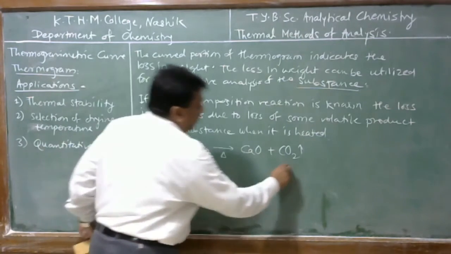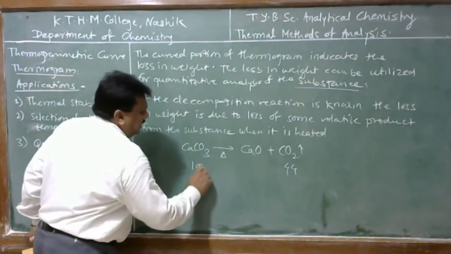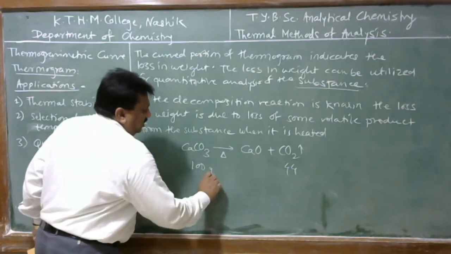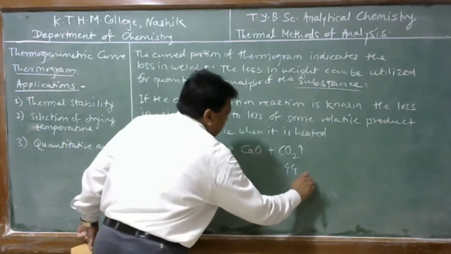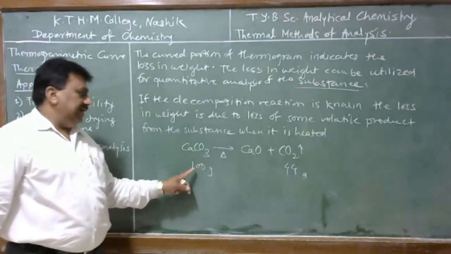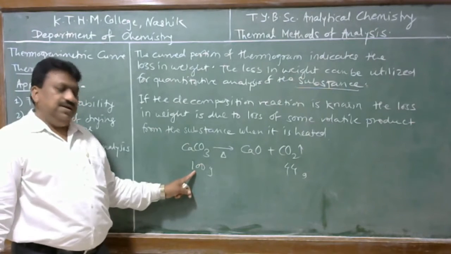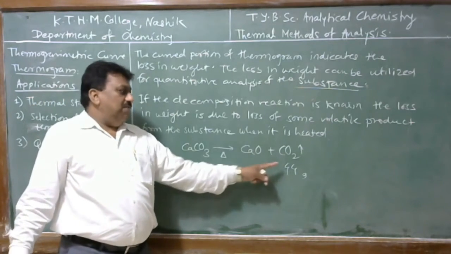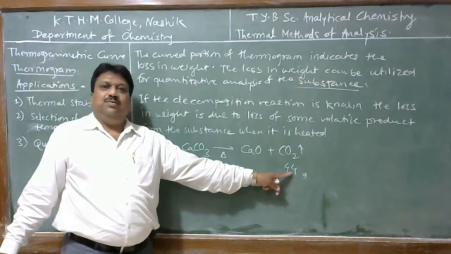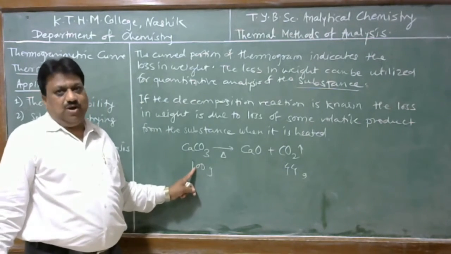Here 44 is the molecular weight of CO2 and 100 is the molecular weight of calcium carbonate. If there is a loss of 44 gram of CO2, that indicates 100 gram of calcium carbonate in the sample. Depending upon the amount of a particular substance lost, we can determine its parent compound.